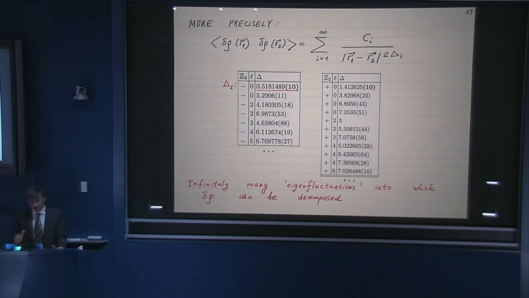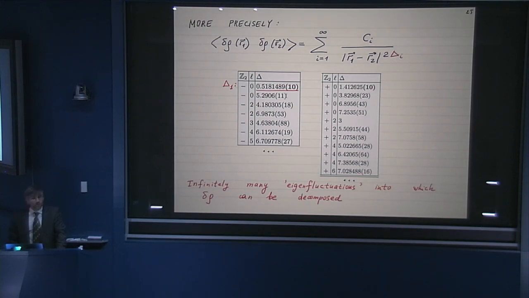They're going to be these numbers delta 1, delta 2, delta 3, which are some non-integer numbers. And we know some of these numbers, so here I give you some table for these numbers. You see there are complicated numbers, which are increasing in magnitude.